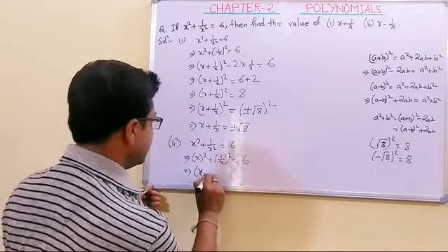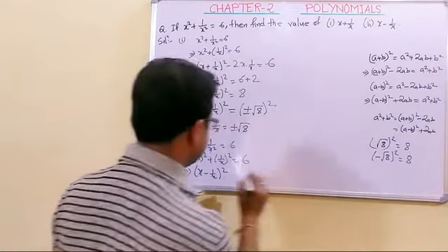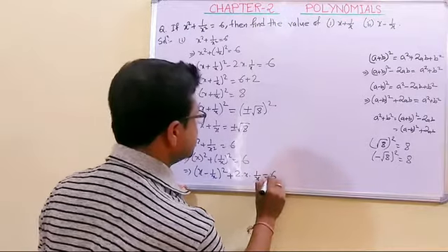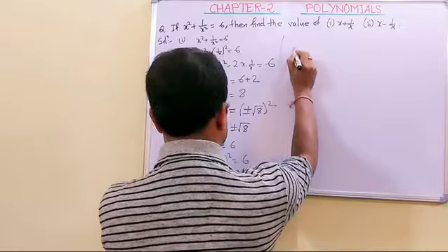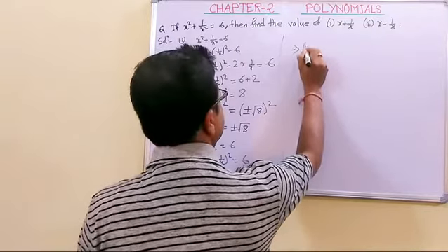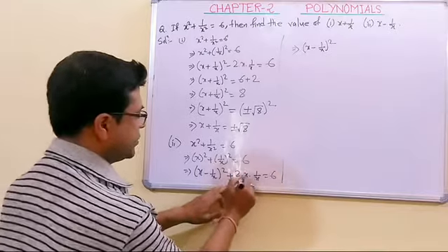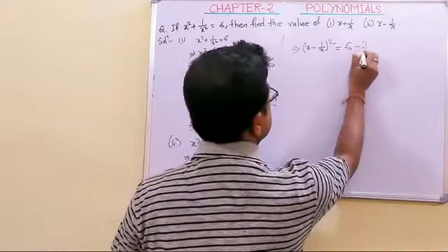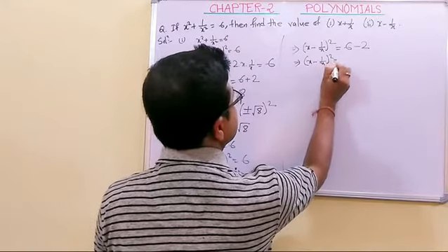This is a minus b whole square plus twice ab equal to 6. Alright, so this gives us x minus 1 by x whole square. x will get cancelled, so it is going to be 6 minus 2. x minus 1 by x whole square is 4.